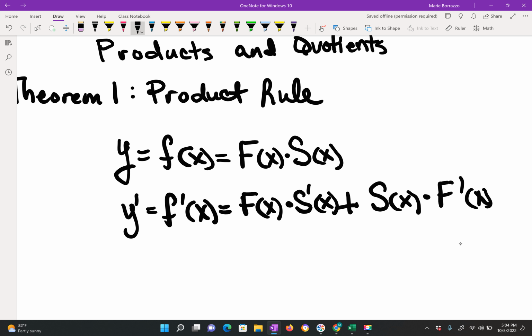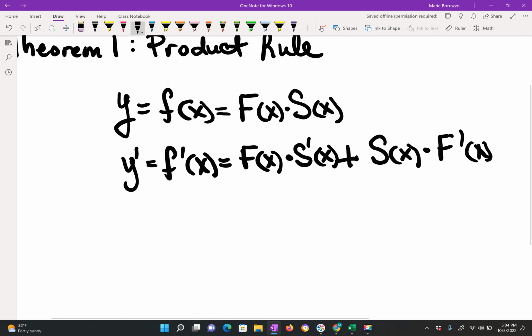Before you lose your mind, I'm going to show you how to do this the easiest way possible. There is more notation to be had, so let me show you that notation.